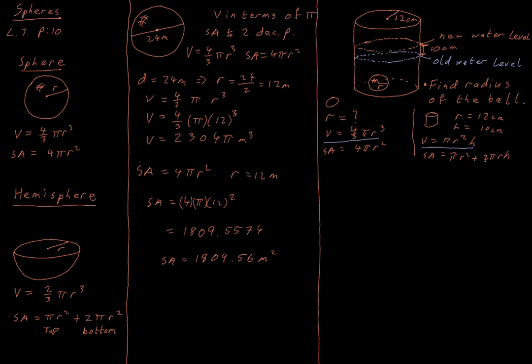So we can see the importance of writing down what we have been given. I know that this volume must be the same as this volume. The rise in the water volume must be the same as the bowling ball volume, because that's where the rise came from.